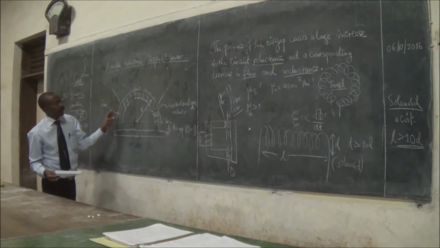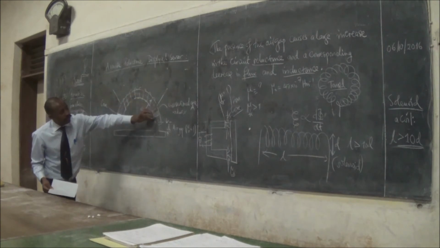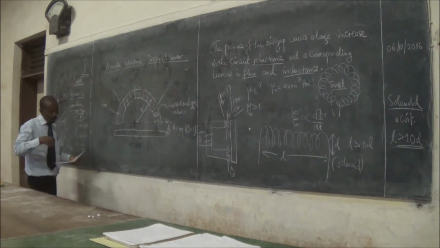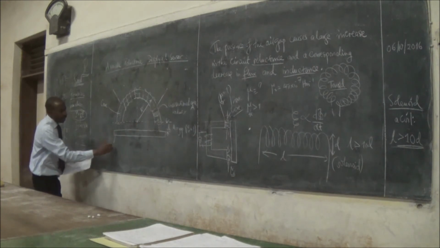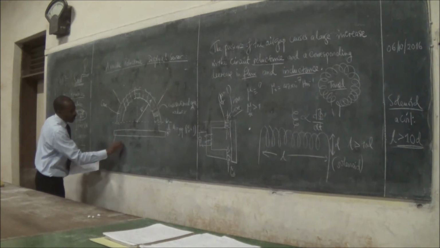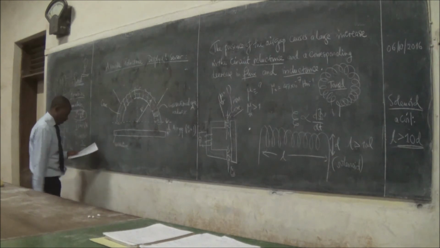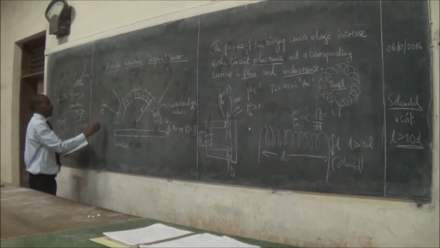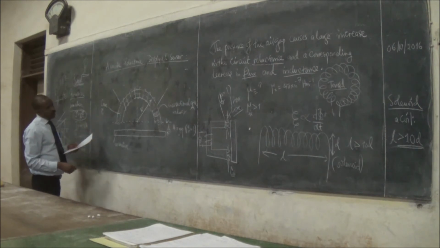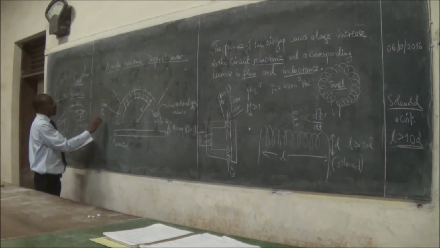Like iron, which is made nicely where the coil is rolled. This is an armature. And this core has relative permeability mu RC.